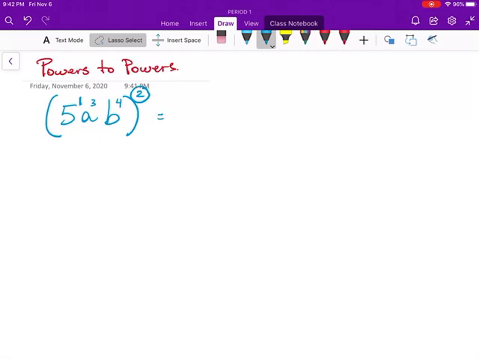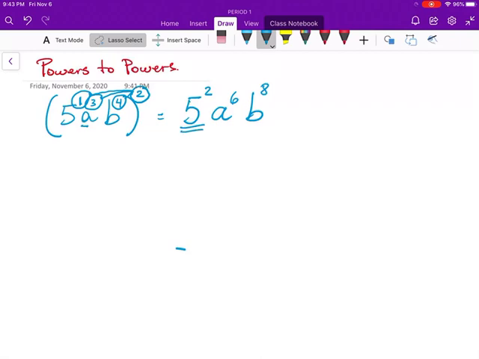Once you do that, then you multiply the outside times the inside. So it will be 5 to the power of 2 times 1, 2. Next one, a, 2 times 3, 6. Next one, b, 2 times 4, 8.